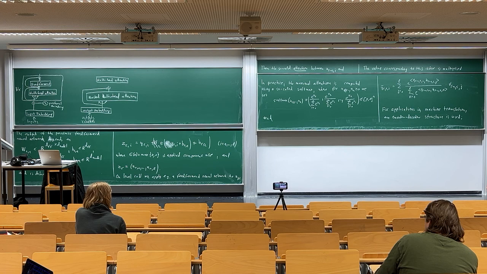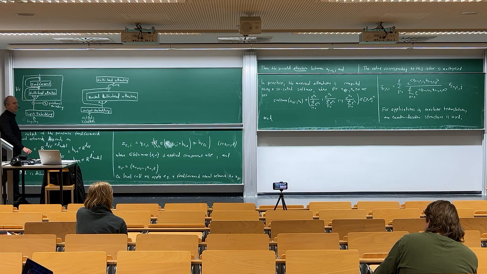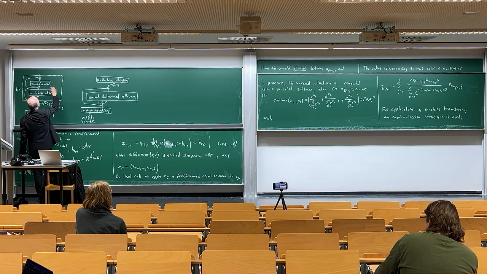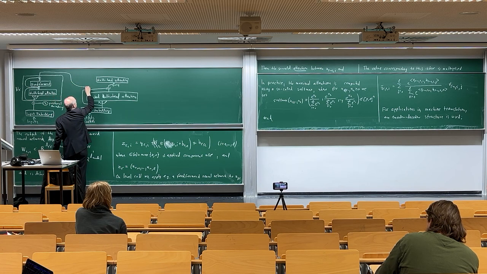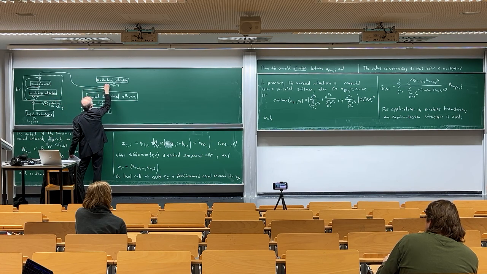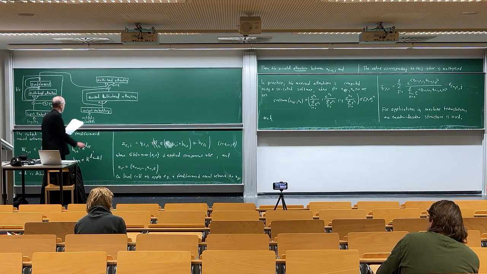You compute this time only the query from your output. But the keys and the values come from your input. So we go over there. Here, compute two more. And then we make another feed forward.